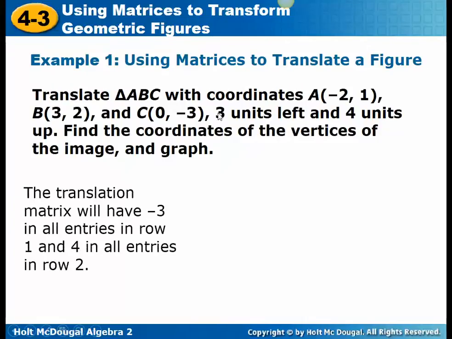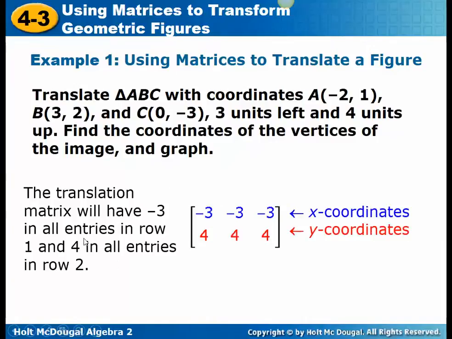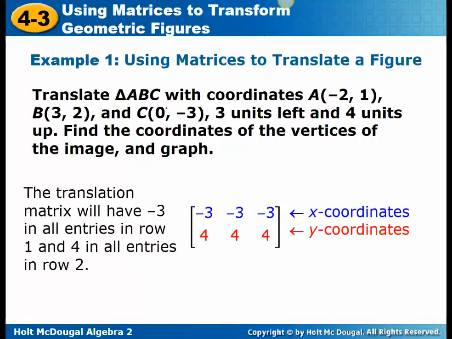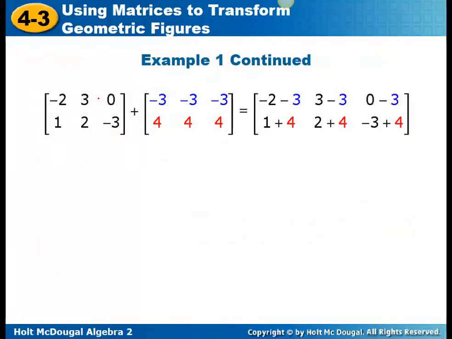So we start with our matrix for our pre-image. And our pre-image will be the coordinates of, let me just double check, these are in the ABC. So this is triangle ABC. These are the x coordinates, these are the y coordinates. This is the translation matrix here.